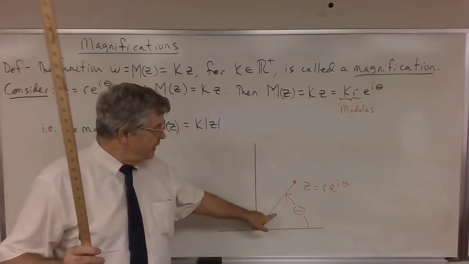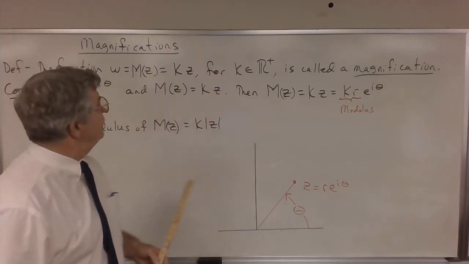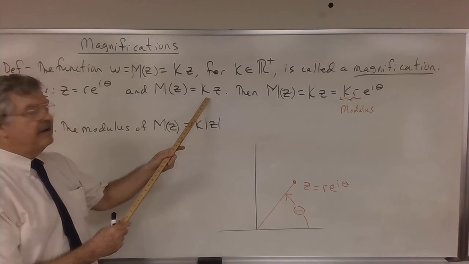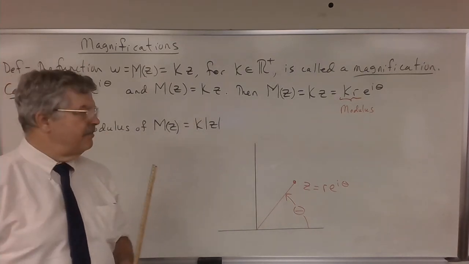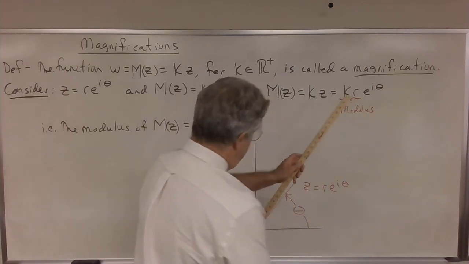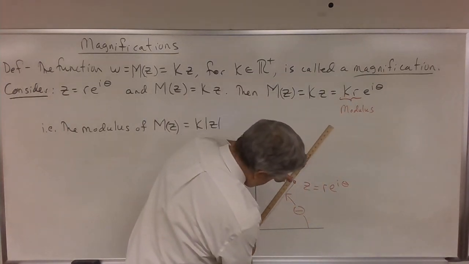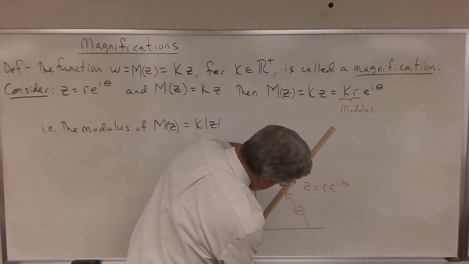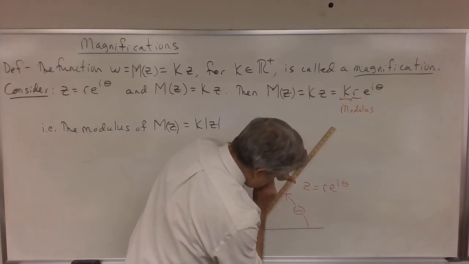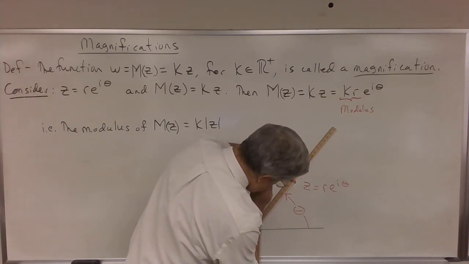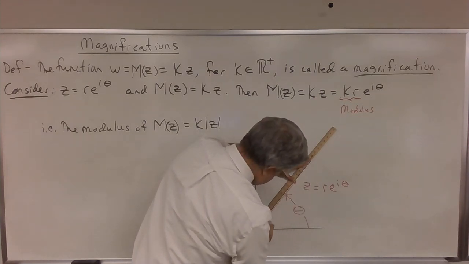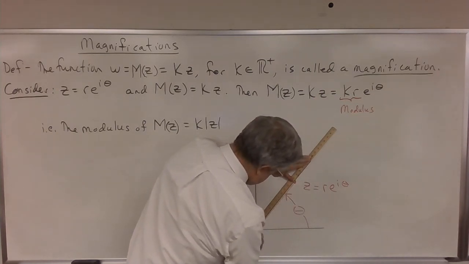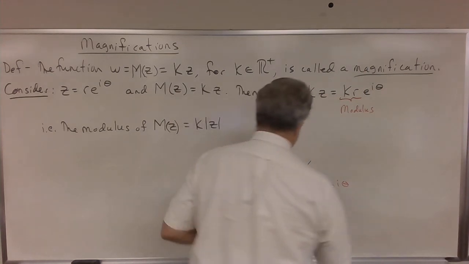So here's z, and let's assume that k is greater than 1, so it really does magnify or make larger. We have z and m of z is going to be this thing.